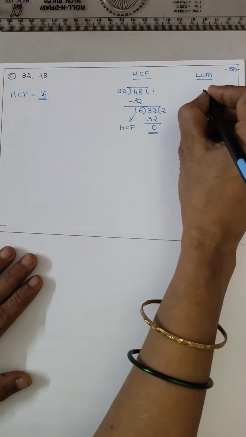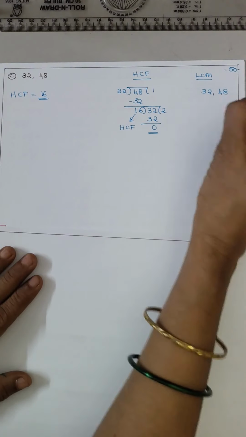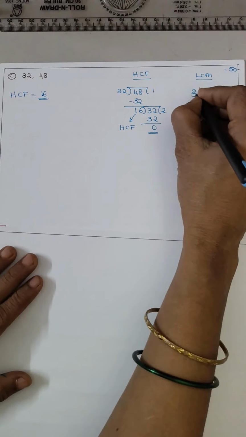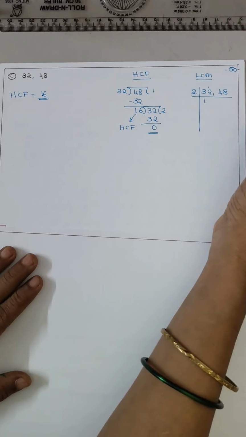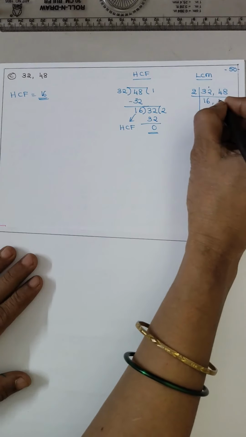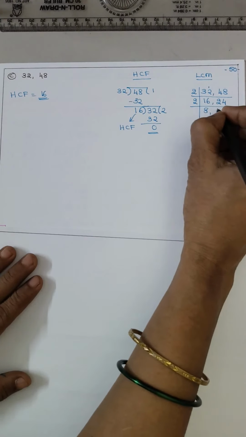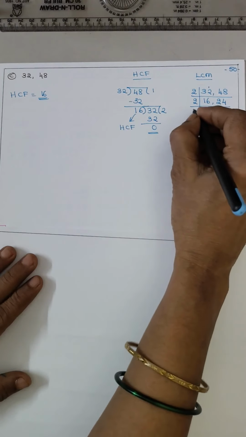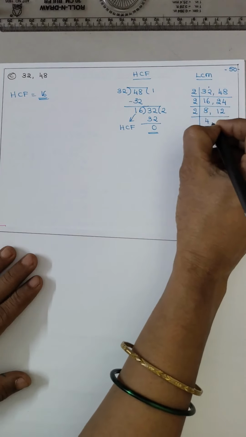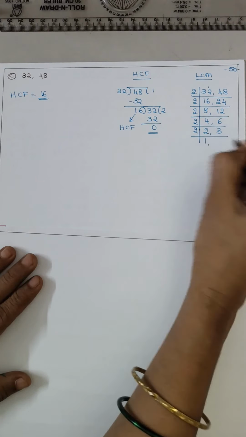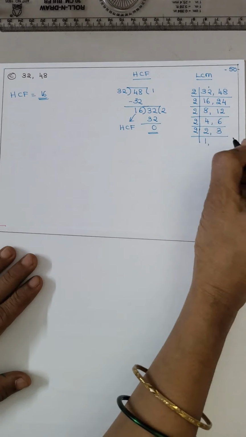Now find out the LCM of 32 and 48. Both are even numbers, so start with 2. 2 ones are 2, 1 remains, 2 6s are 12, 2 2s are 4, 2 4s are 8, again 2 8s are 16, 1s are 2, 2s are 4, 2 4s are 8, 2 6s are 12, 2 2s are 4, 2 3s are 6, again 2 2 1s are 2, 3 as it is, now 3 1s are 1.